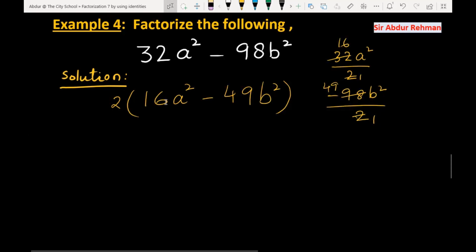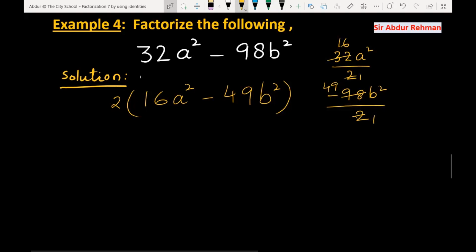It is not a completely factorized form because 16a square minus 49b square you can factorize further. For 16a square minus 49b square, first term is positive here and the second term is negative, and both the terms are perfect square.